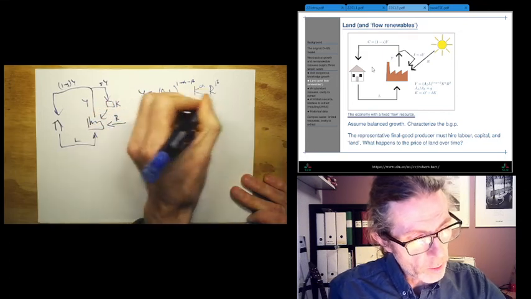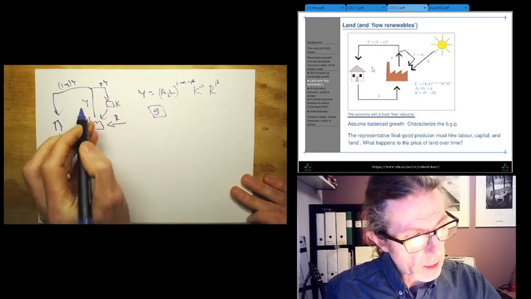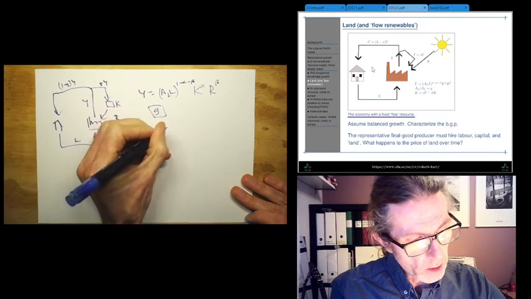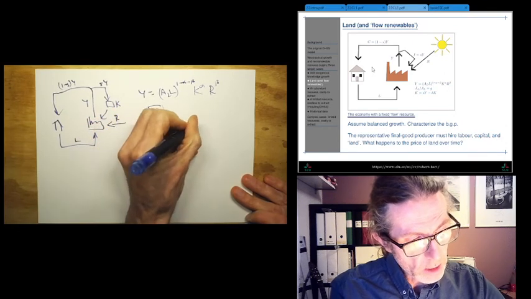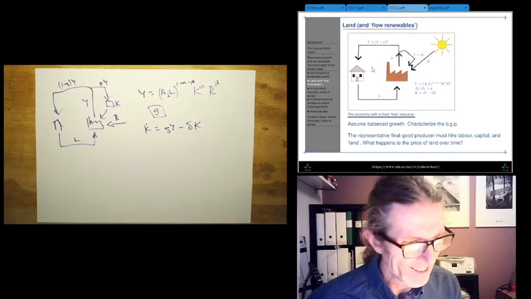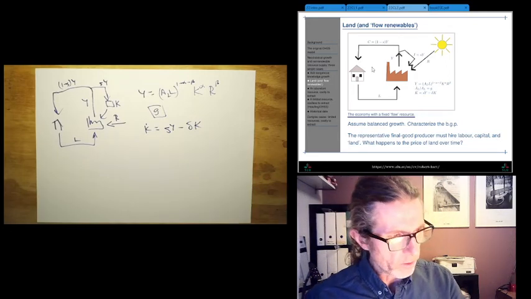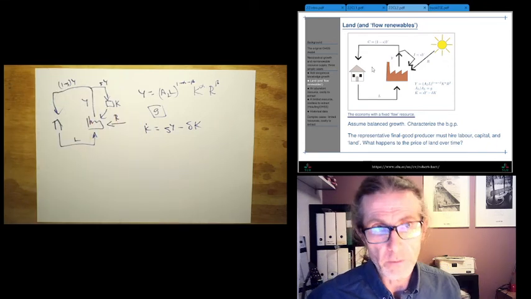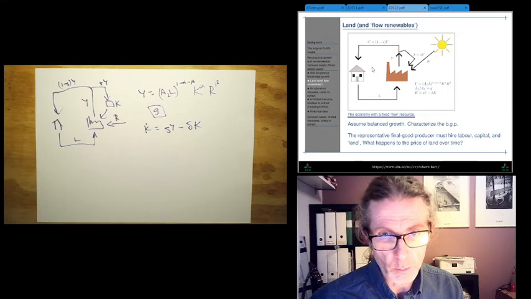We've got the growth rate g in AL, and we've got K dot, which is sY minus delta K. Okay, so we've got this fixed area of land added to a straightforward Solow setup.